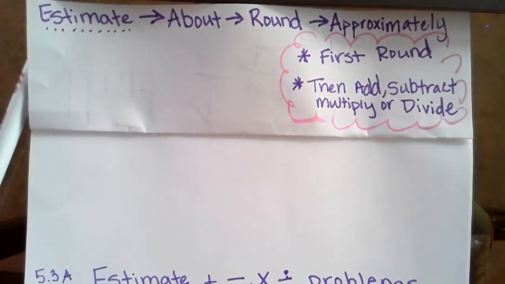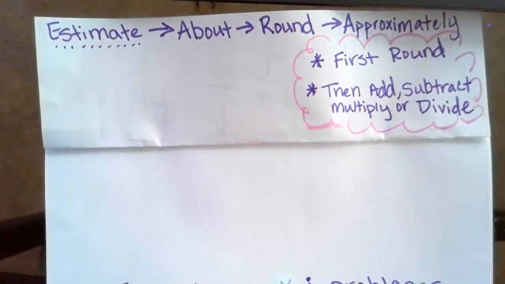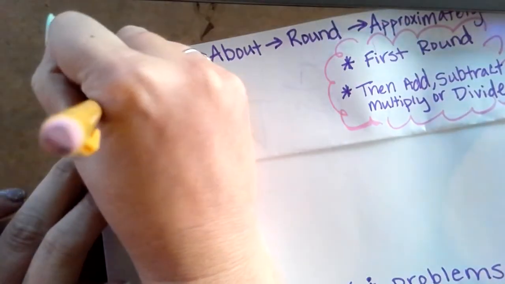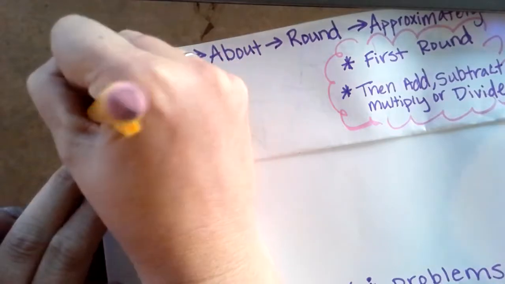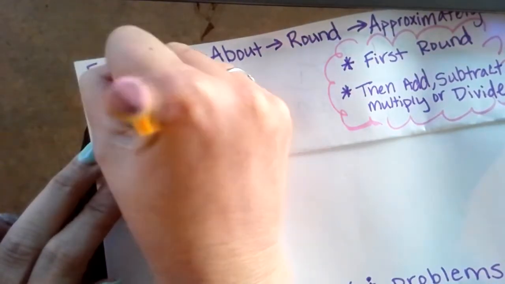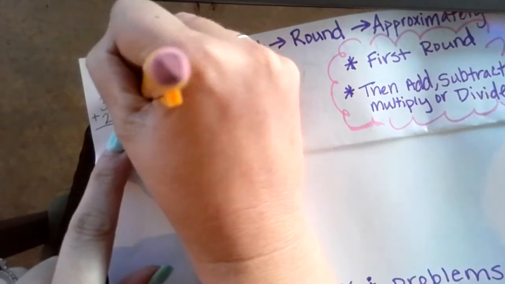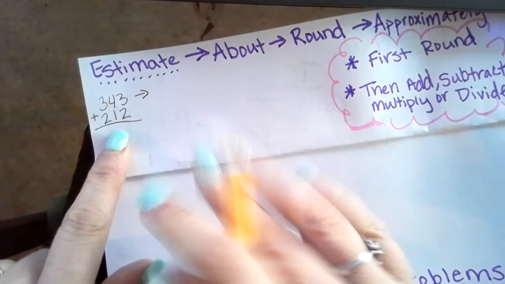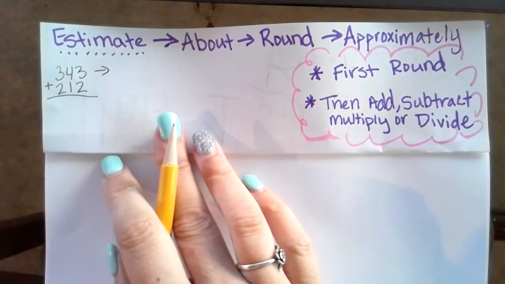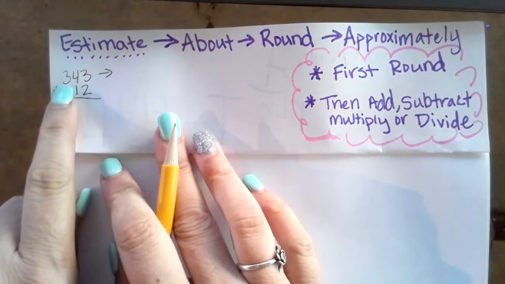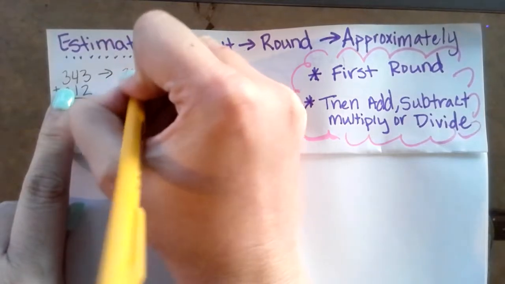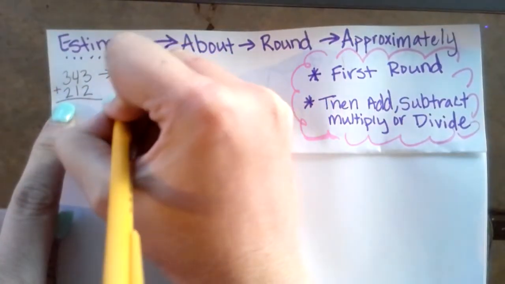All right, so over here, still up top, I'm going to, in my pencil, work a few problems. I'm just going to keep them simple. Let's say I have 343, and I want to find the sum of 212. Well, sum means I'm adding. So what would 343 be rounded to? Well, I'm always going to take the last number. Unless it tells me to round in a specific spot, I'm going to round to the last place value. So 343 is going to round to 300. 212 is going to round to 200.